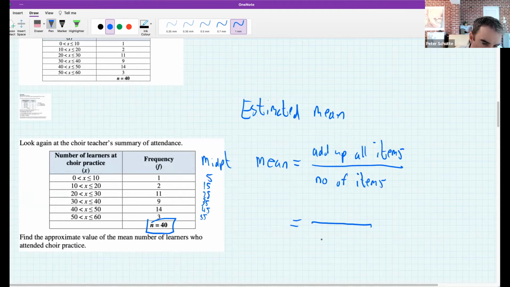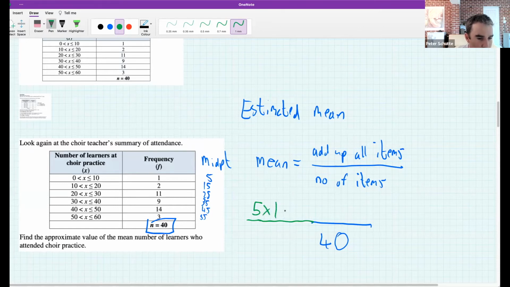So it's going to be divided by 40. But what's more difficult is how do we add up all the items? All we need to do is take the midpoint and times it by the frequency for each interval. So we take 5, and because there's only 1 item in that column, we go 5 times 1.